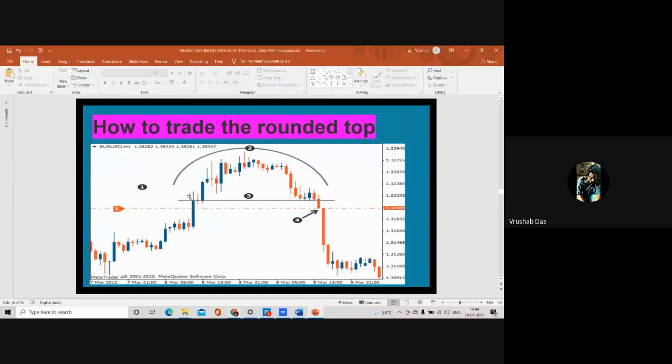You have to see how long the rounded top is. If the distance of the rounded top is more, then the chances of the price getting lower would increase. Also, if the RSI shows very little momentum, below the 50 level, and the bearish candle crosses the neckline with a big red candle, then you can place a sell order.